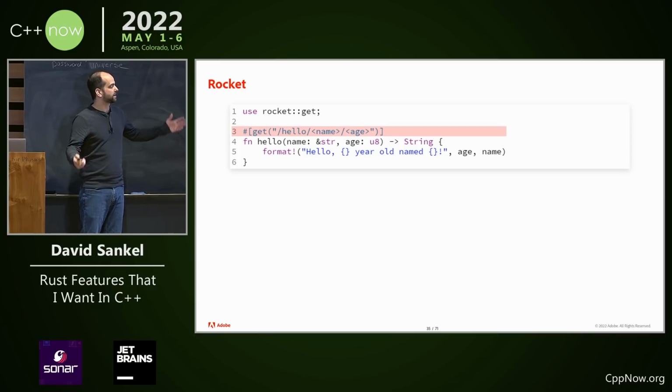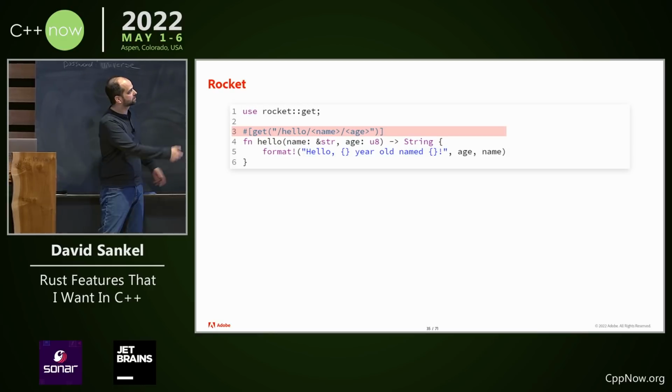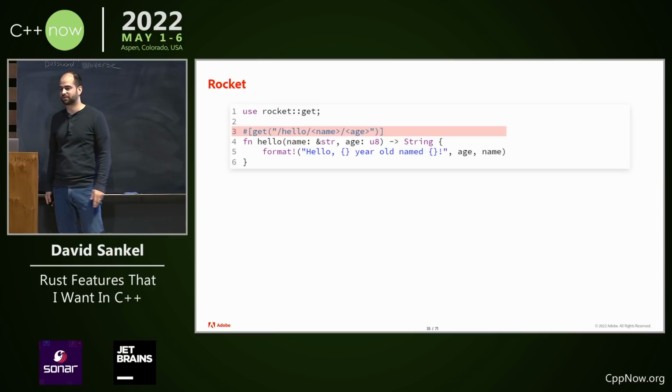And you just synthesize a web server with that one line. That's really convenient, right? I'm just thinking about what that looks like in C++, and it's just so much. But this is the essential thing that you have.